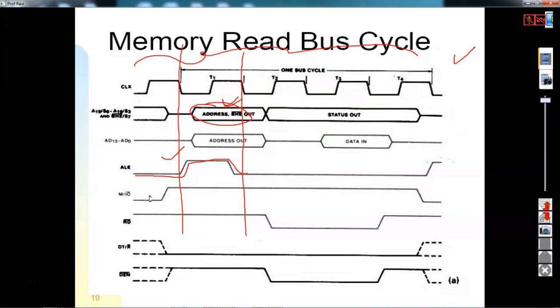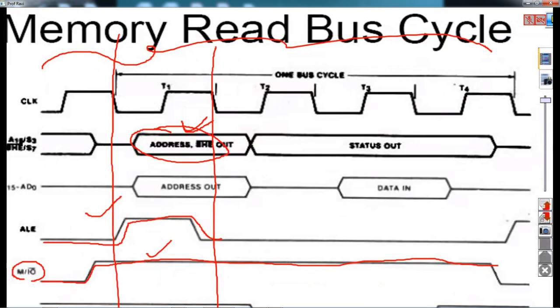Now if you try to see M/IO bar, it should be high, since this is a memory read operation. So that's why it is high for one memory read cycle. So this is one memory bus cycle that you can consider.